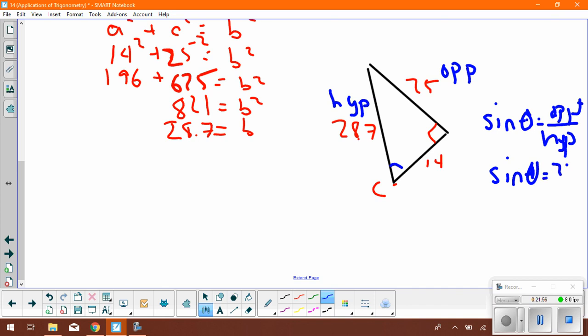So we have 25 over 28.7. If we do our sine inverse, we get about, rounding it off, 61 degrees. So 61 degrees in that corner.